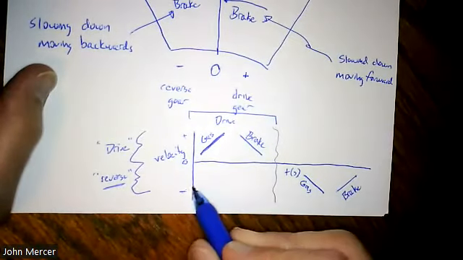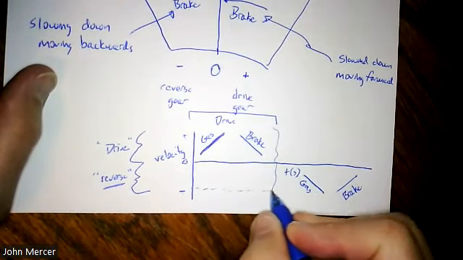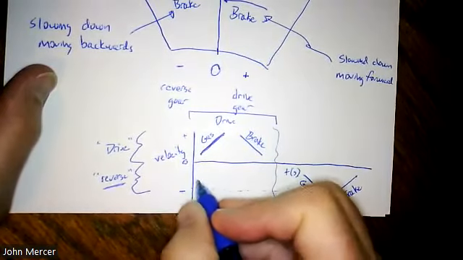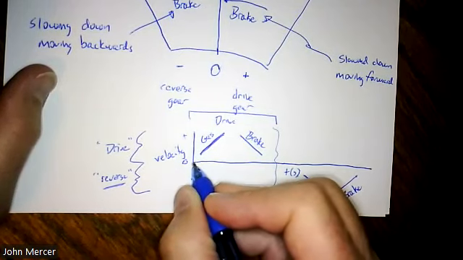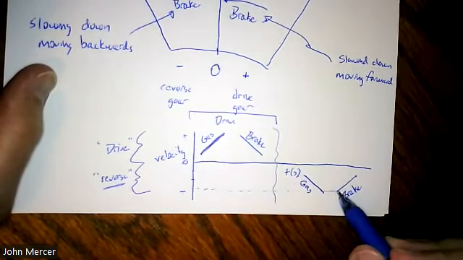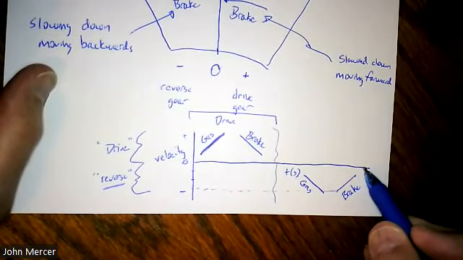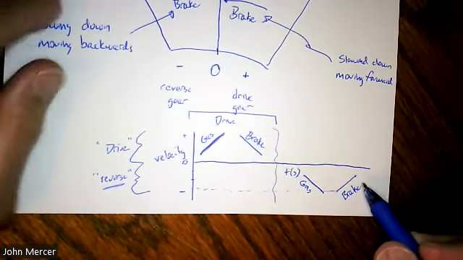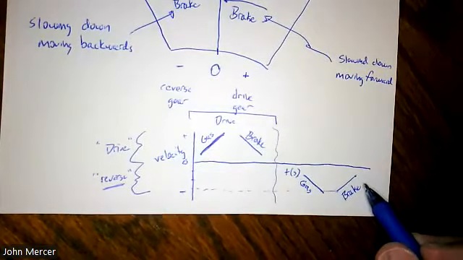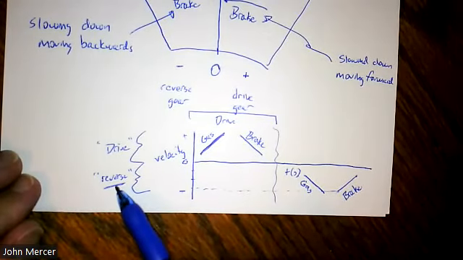I'm going from -20, maybe -15, to maybe -10, -5, 0. The magnitudes of velocity are getting less, 20, 15, 10, 5, what have you. The negative sign of that velocity is simply telling me I'm moving in reverse.